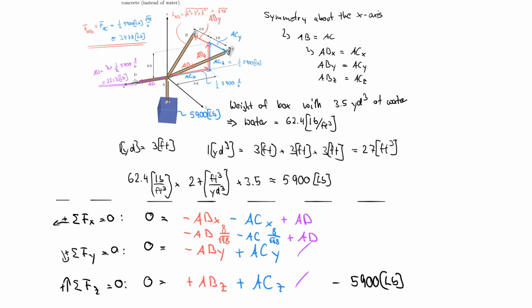For the y direction, it would be almost the same thing, except AB divided by square root of 98. And now in the y direction, it is multiplied by 4, right? So multiplied by 4 plus AC 4 square root of 98.